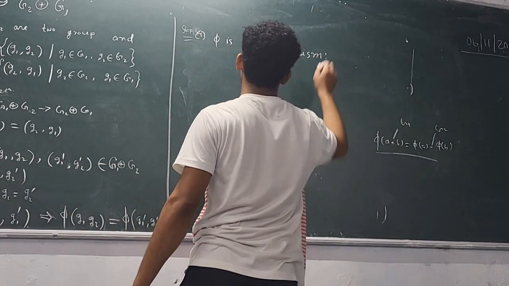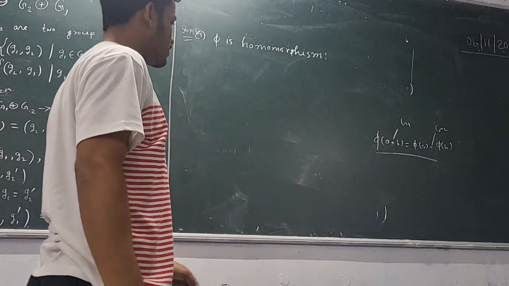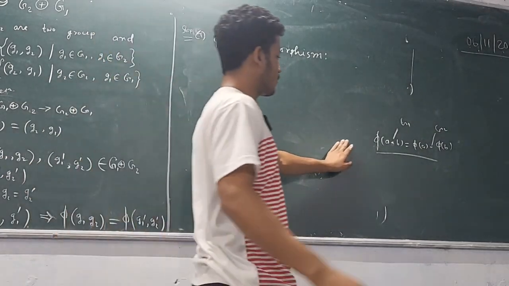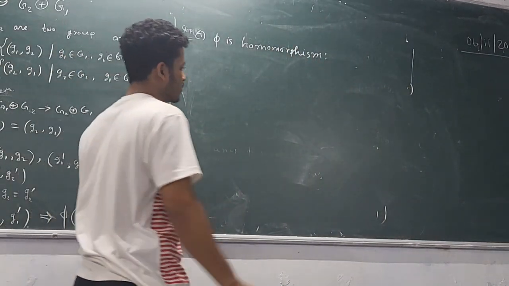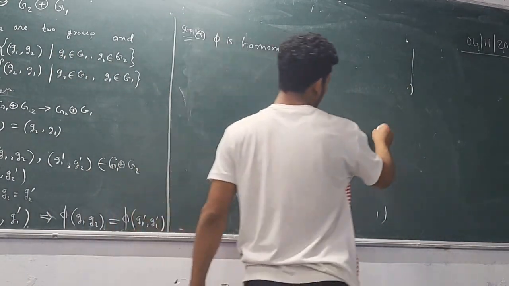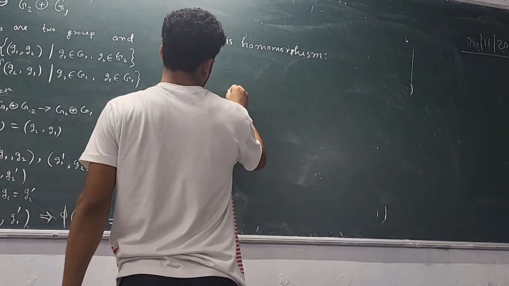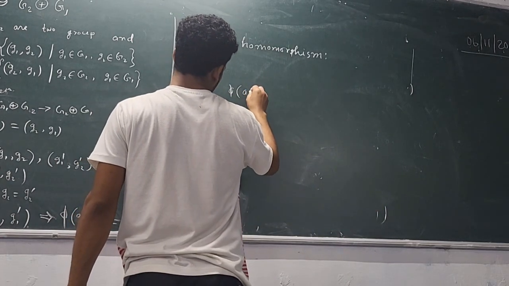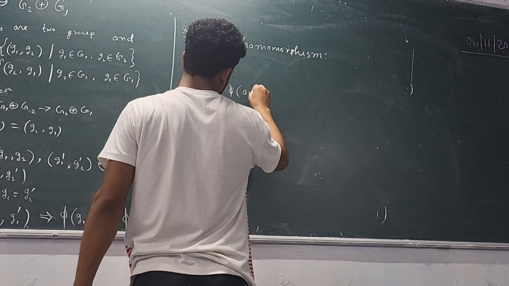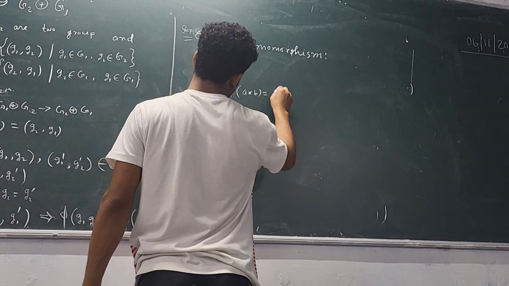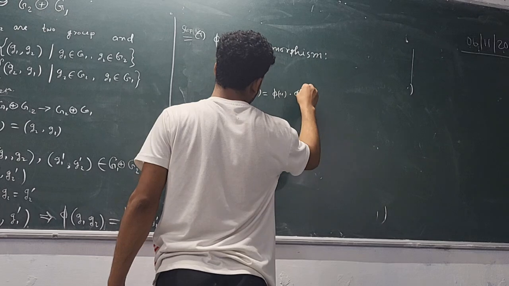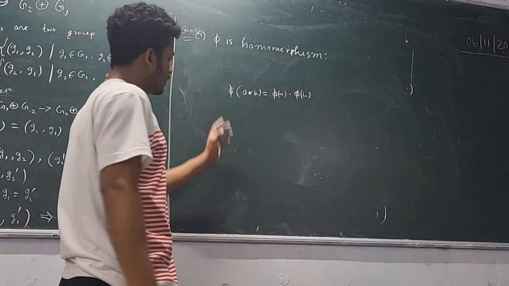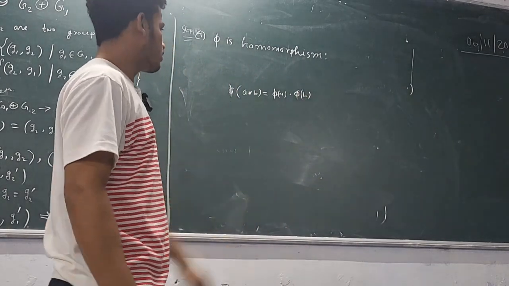Phi is a homomorphism if phi satisfies the group operation: phi of A star B is equal to phi of A dot phi of B. Then phi is a homomorphism.